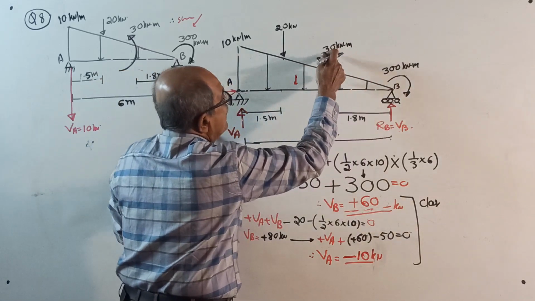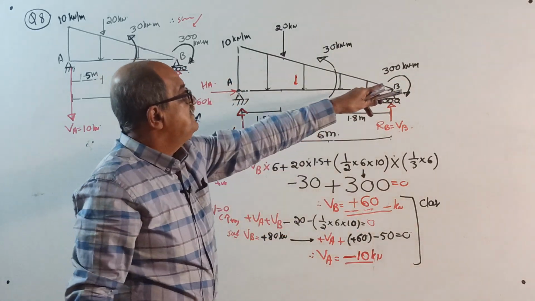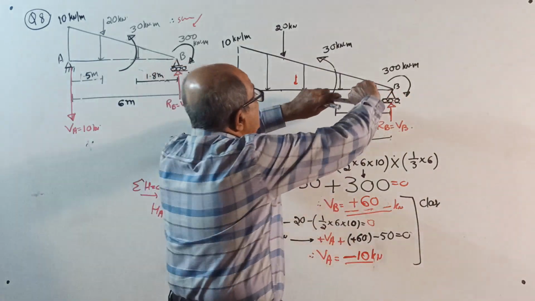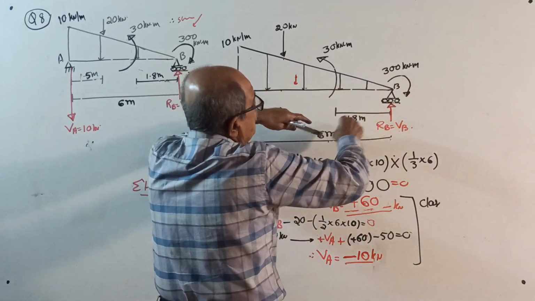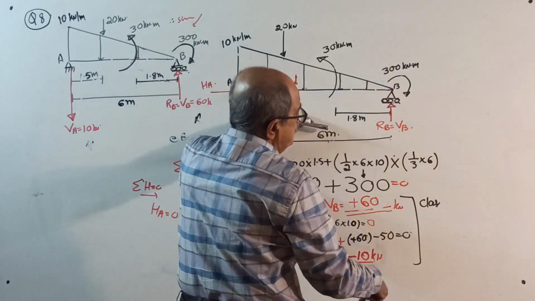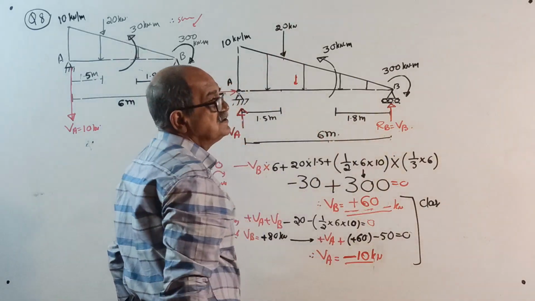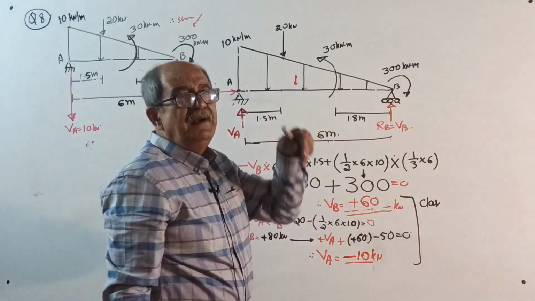So only for 30, VB will come negative or downward. But there's a heavy couple, deliberately I put here, a very heavy couple of 300 kN meter. This 300 kN meter will press the B vertically down, up reaction will come, but it will try to lift the support A upwards. So due to 300 couple, reaction at A will be down.